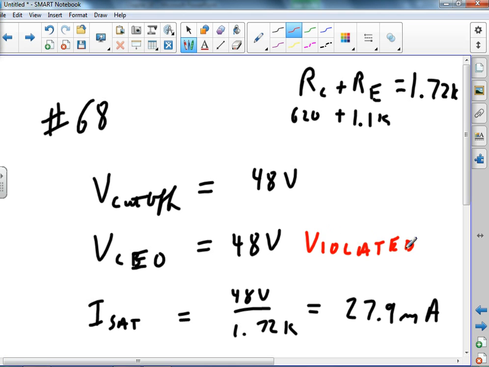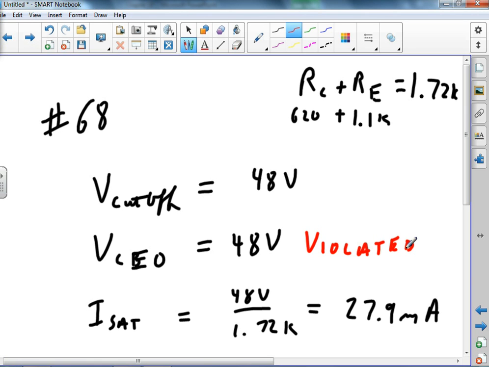And I see a collector current of 40 milliamps.